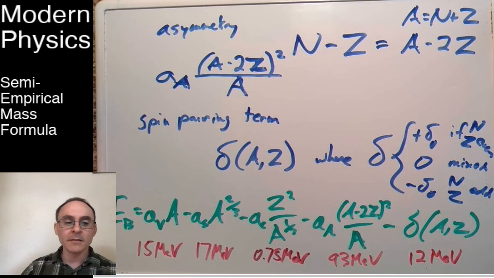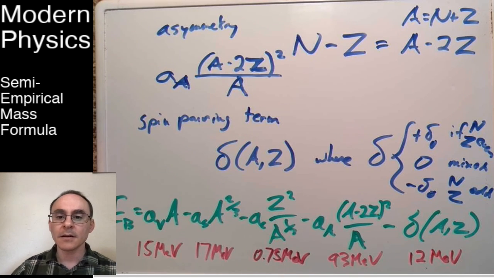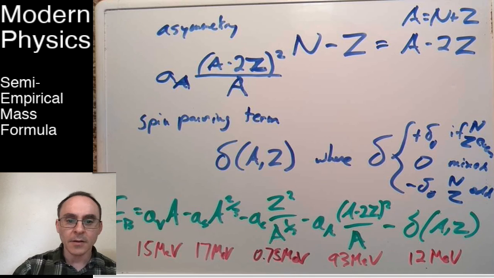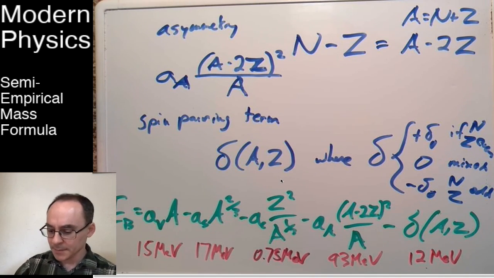But you basically plug those in and you can find out the total binding energy of a nucleus given A and Z, the total number of protons and the total number of particles. Using this, you can start to explain why certain things are more stable than others. In particular, this asymmetry term, if I flip back: why do heavy nuclei prefer more neutrons?